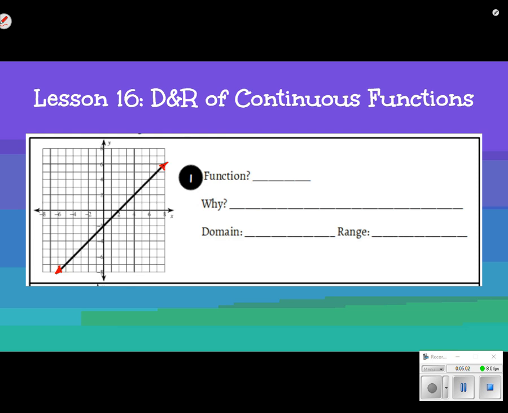So sometimes you might have a graph that does something like this and doesn't have arrows, but looks like it goes off the coordinate plane, but even if it doesn't have arrows, it is still like it has arrows. So just keep that in mind.